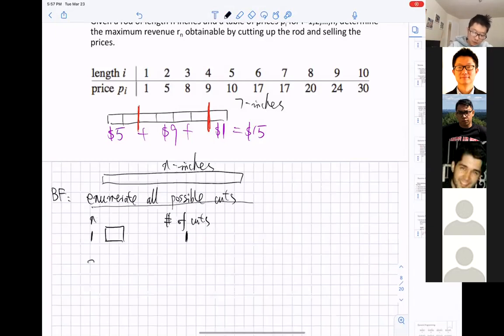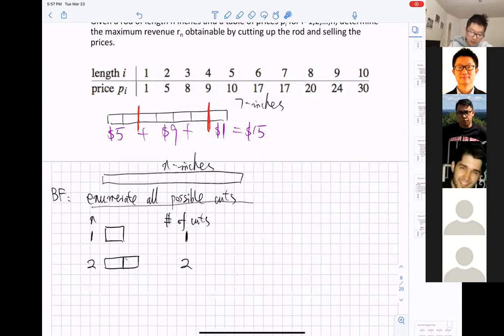But when n is 2, how many ways are there for us to cut it? 2. So we can either cut it into 2 small pieces of 1 inch each, or we can just not cut it and sell it whole.